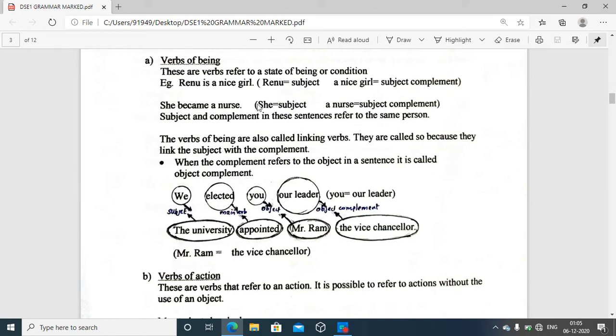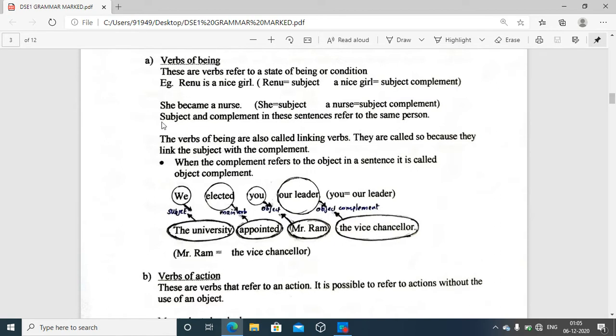She is the subject. Became a nurse: a nurse is the subject complement. Same woman is reproduced as a nurse here, but in between you have the reference to her being. What is she? We get the idea from this particular verb of being.